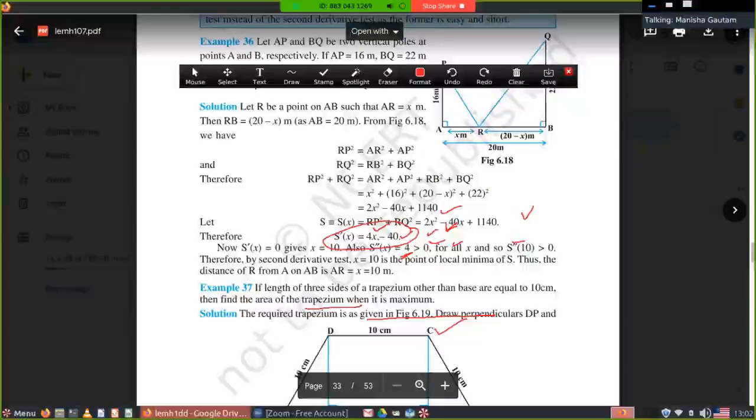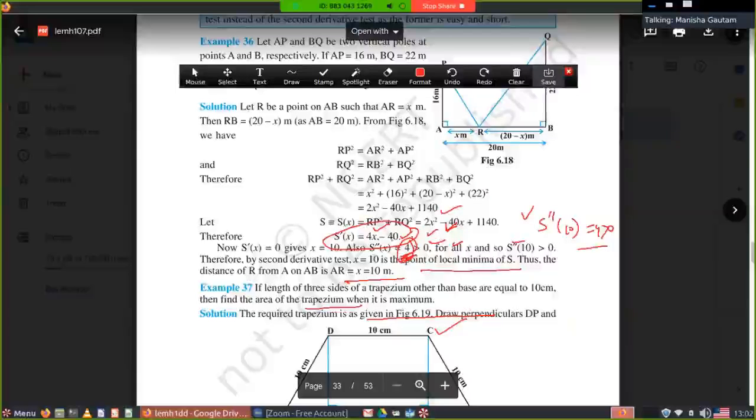If you put the first derivative equal to 0, you are getting the critical point 10. At 10, the second derivative will always be 4, because no x is given in the second derivative, so it is always positive. It means f double dash at 10 is 4, and that is greater than 0. So what does this imply? The minimum will be there at the point x is equal to 10.